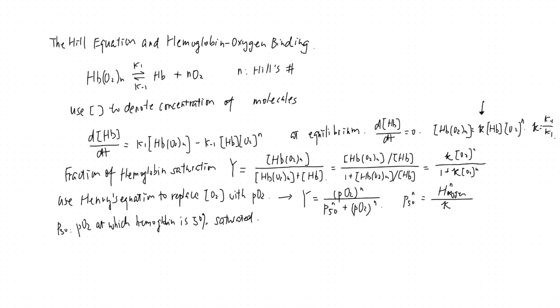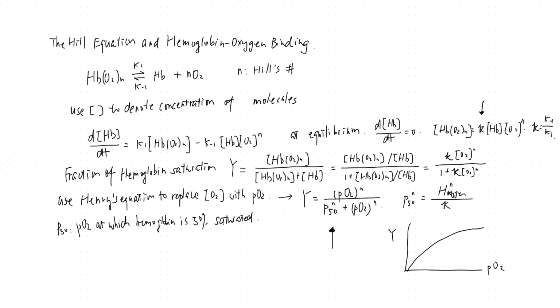So this is the Hill's equation. If you try to plot it, you will indeed get Y versus PO2 as this function. This is called a sigmoid equation.